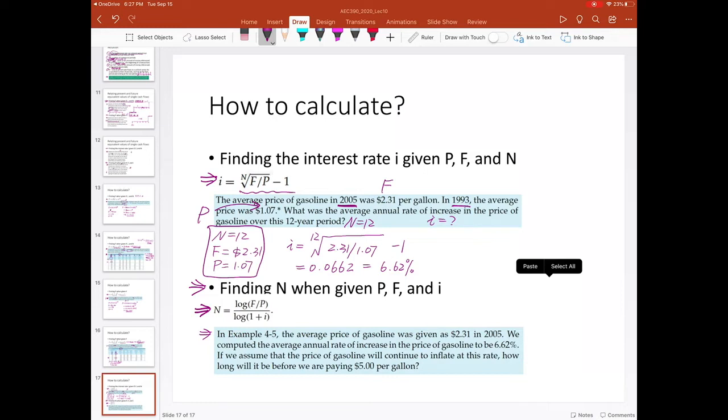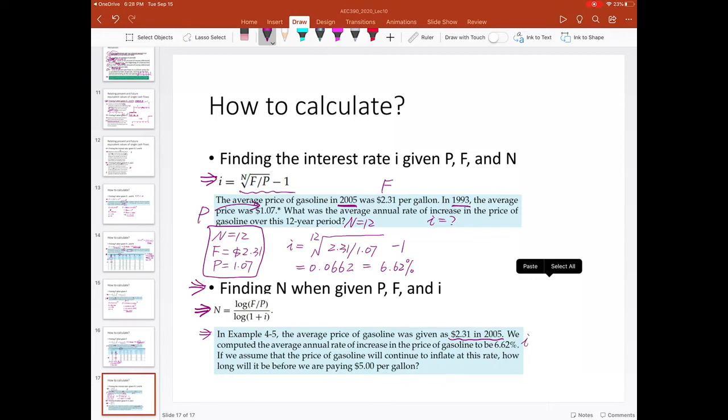So we don't know if it's P or F right now. Okay, so we need to decide it later. We computed the average annual rate of increase in the price of gasoline to be 6.62%.